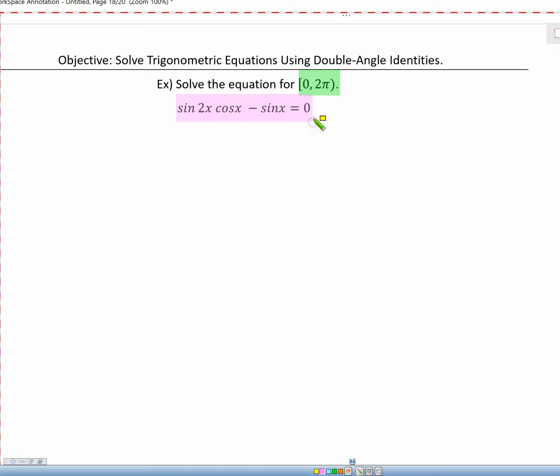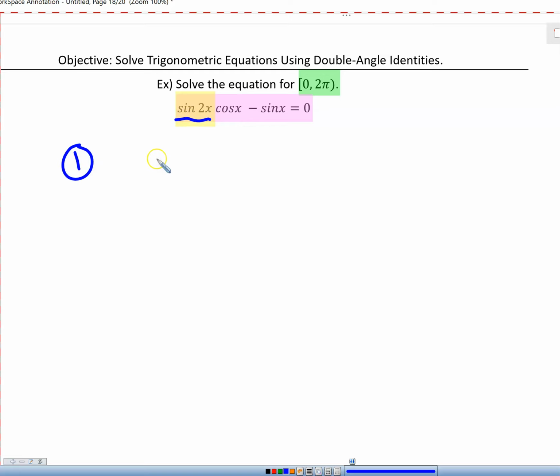And here's the huge thing about starting this problem. When you see this and you read sine of 2x times cosine x minus sine x, you have to realize that the sine of 2x, with that 2 in front of it, is going to have to be replaced using my identity. And I only have the one identity for sine of 2x, so this one is pretty straightforward.